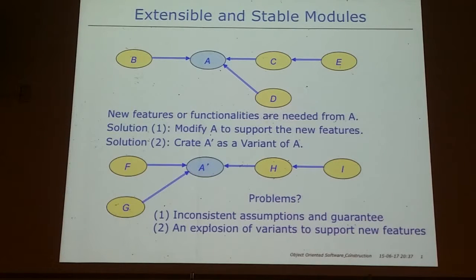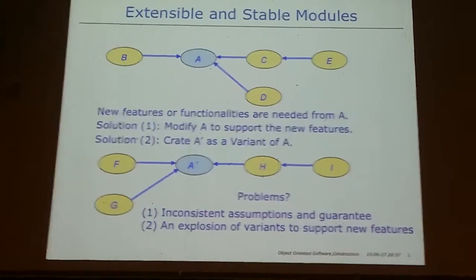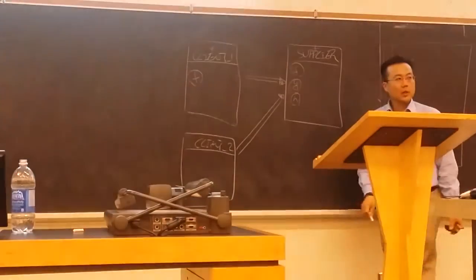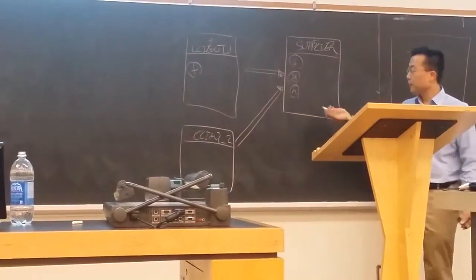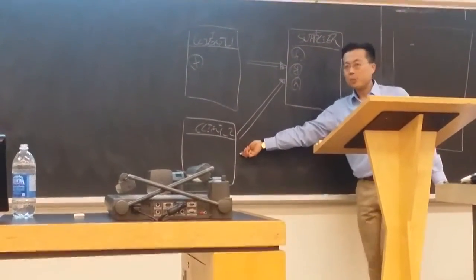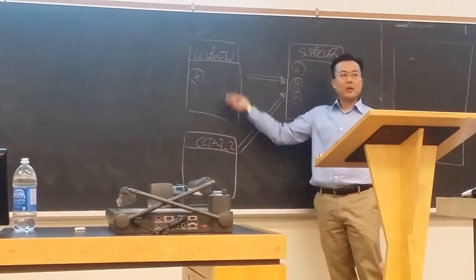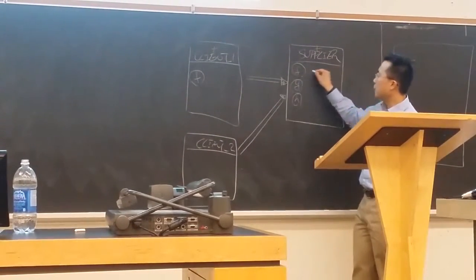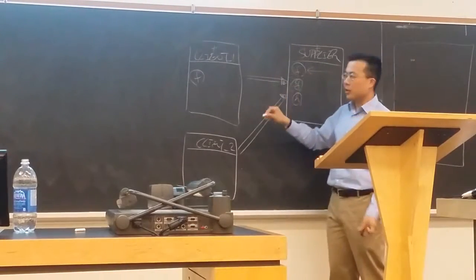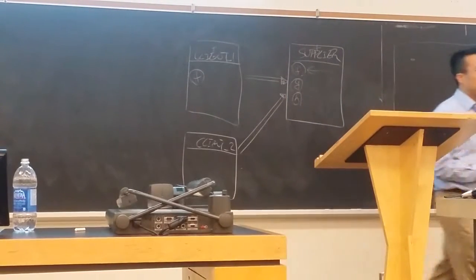And let's say somehow the new client here wants a completely different behavior for F, G, and H. And maybe some completely different precondition and postcondition. In that case, if you satisfy that, you might disappoint that. You cannot really satisfy them both, right? So if you simply just change this directly, then it's very likely you cannot satisfy both. So that's a problem.